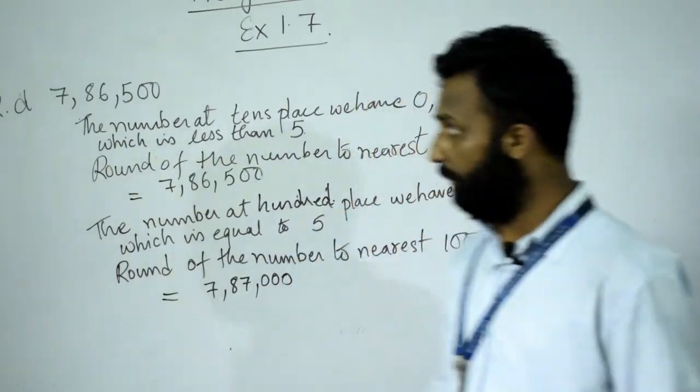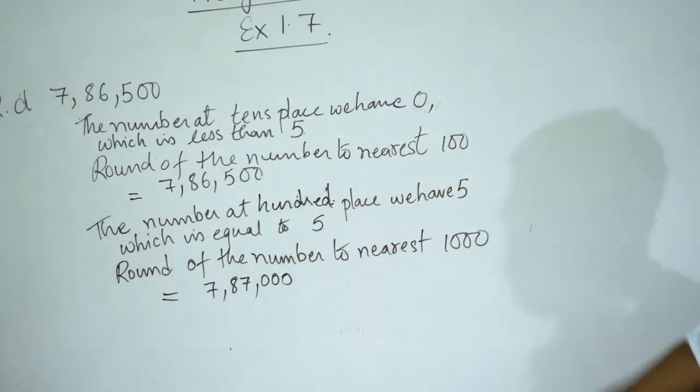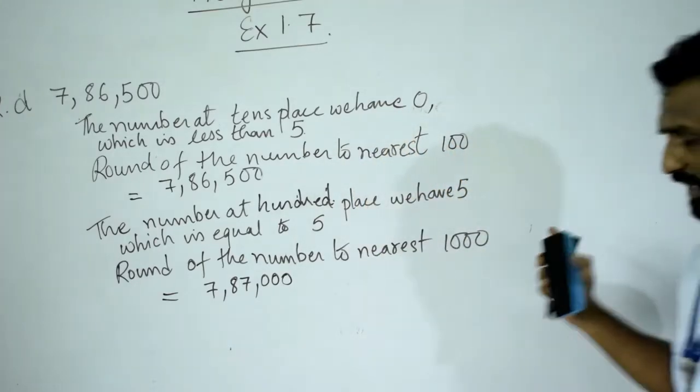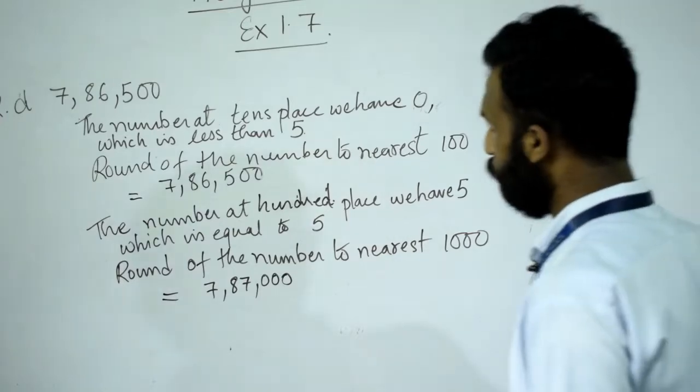Okay, so we have completed question 2. So you have understood how to do rounding of the number to the nearest 100 and to the nearest 1000. Now let's go to question number 3.